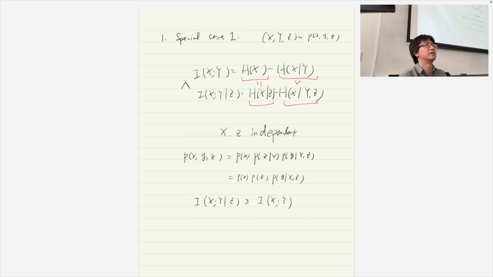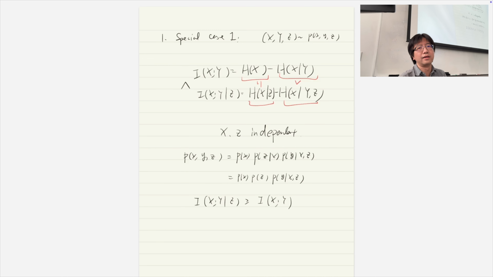In other words, you may think that X and Z are independent, but given Y, X and Z may not be independent. Does that make sense? Kind of tricky, right? See whether you can come up with an example.